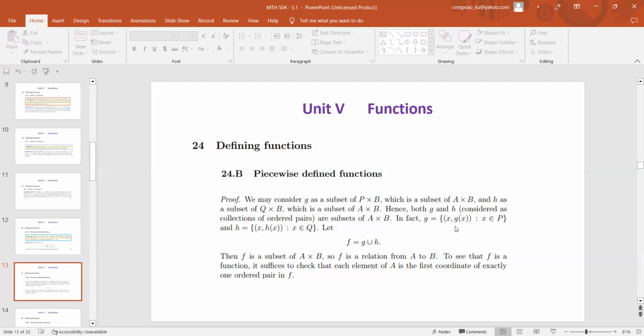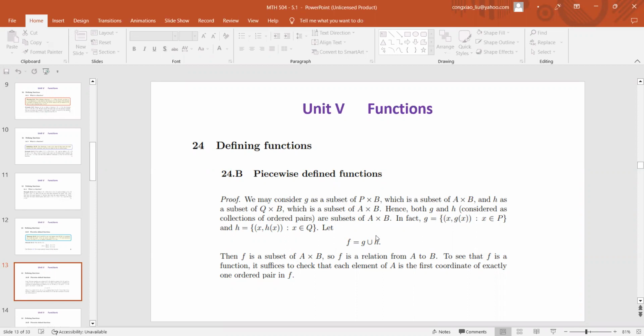In fact, G is equal to the set of all the pairs (x, Gx) where x is in P, and H is the set of all the pairs (x, Hx) where x is in Q. So then you take the union of these two, G and H, as sets.